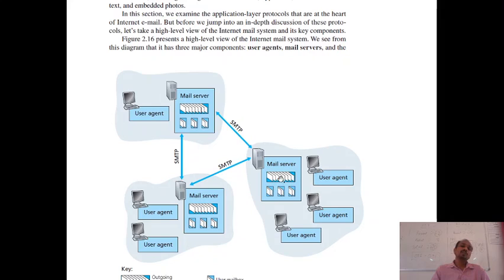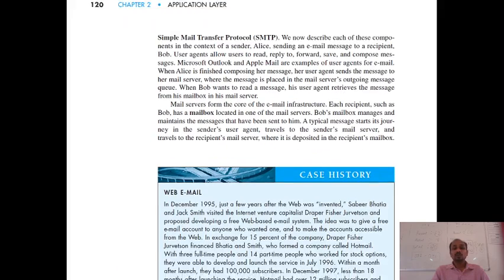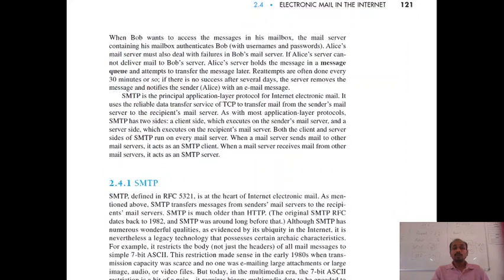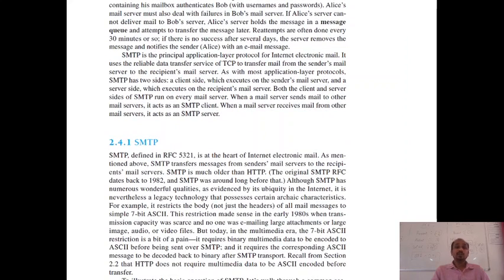Similarly, if Bob's server wants to send a message to Alice's server, Bob's mail server will become the client and Alice's mail server will become the server. So SMTP executes both at the client side, which executes on the sender's mail server, and the server side, which executes on the recipient's mail server.